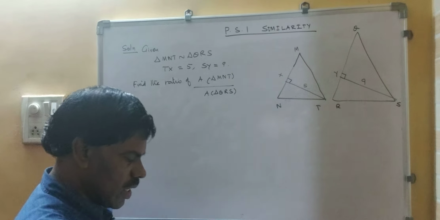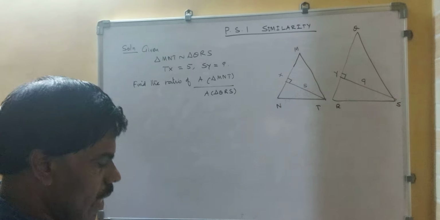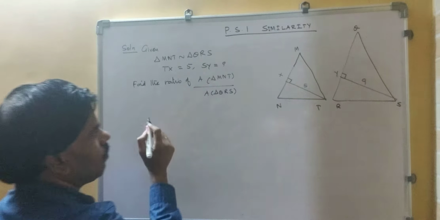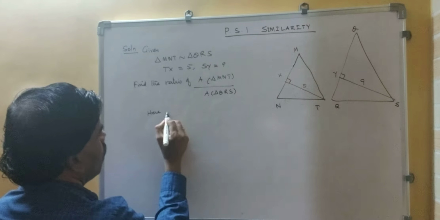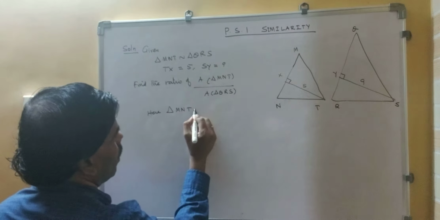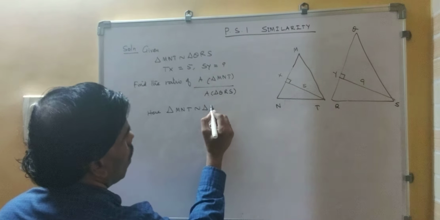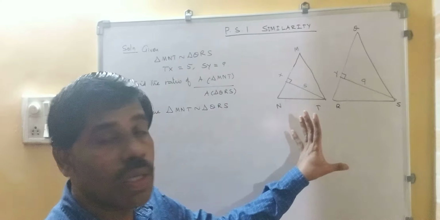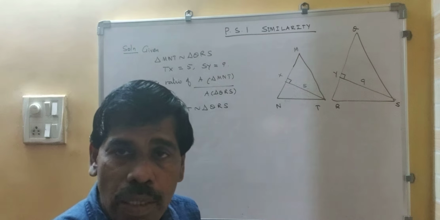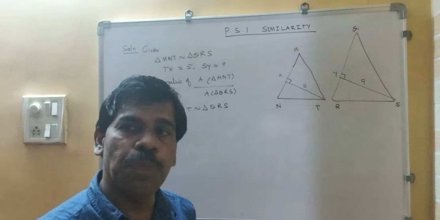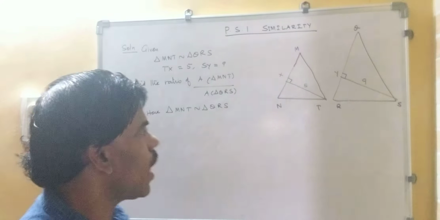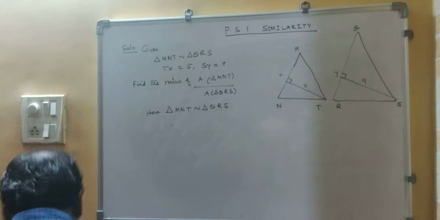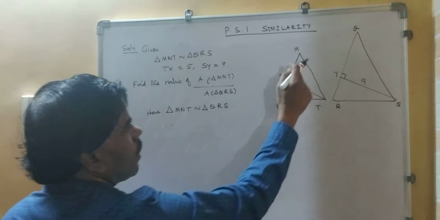Okay. Now, listen very carefully. Triangle MNT is similar to triangle QRS. Correct? These two triangles are similar. That means their corresponding angles are congruent and their corresponding sides are in proportion. Therefore, what about this angle?